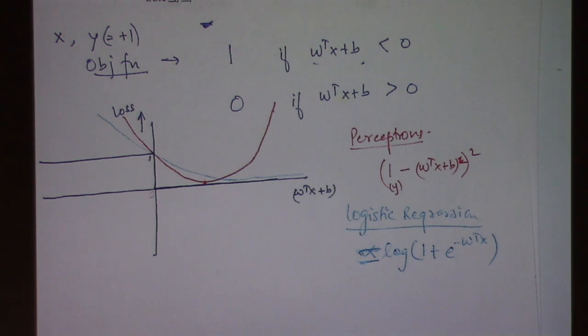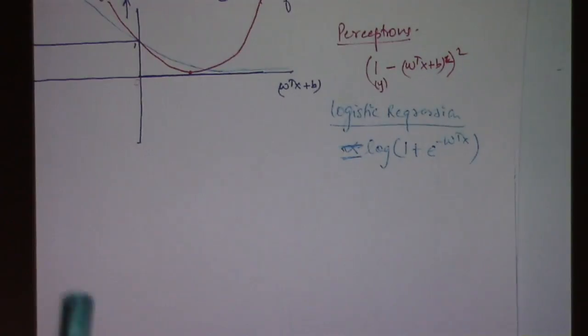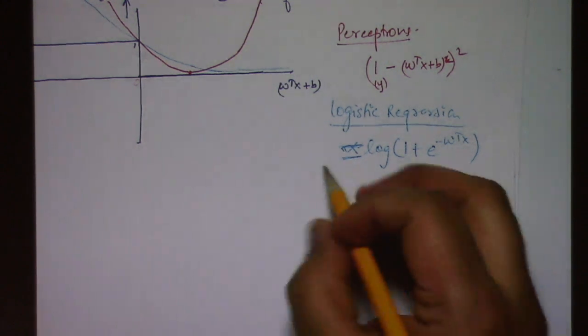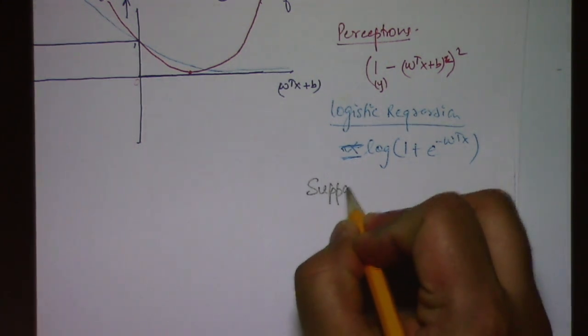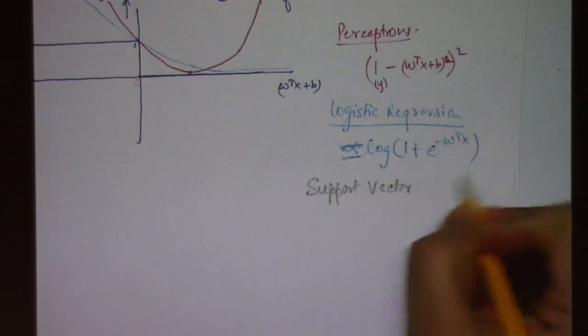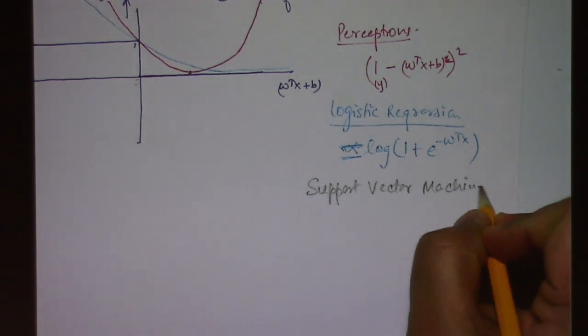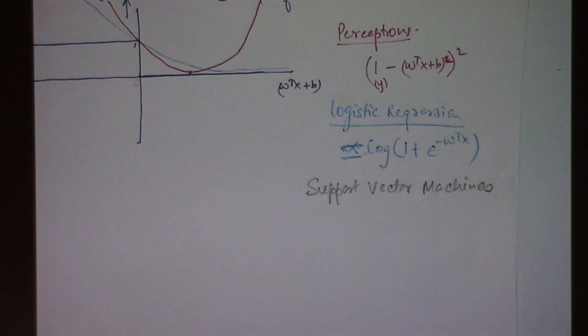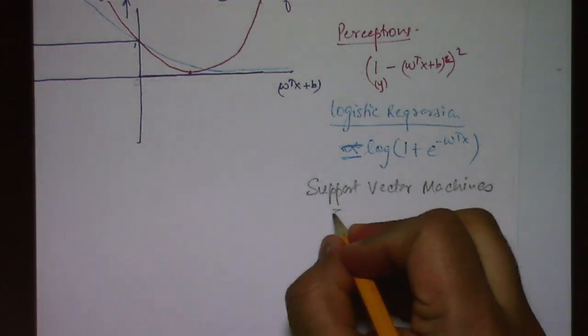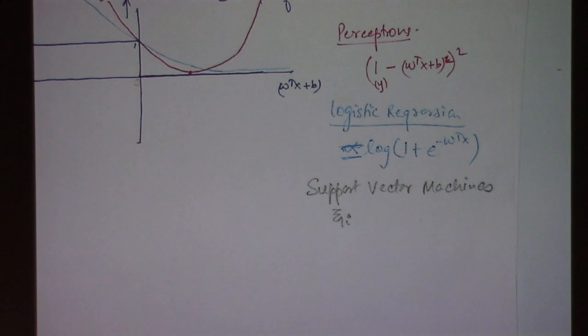Now let's look at support vector machines, right? Of course, we have looked at the formulation in a slightly different way, that we tried to maximize the margin, and then we tried to also put some constraints so that it's on the right side. But if you think about those slack parameters, those slack parameters are kind of the loss that we are trying to admit there.